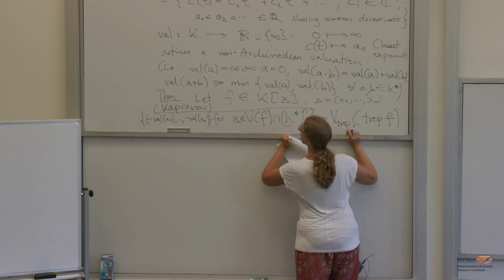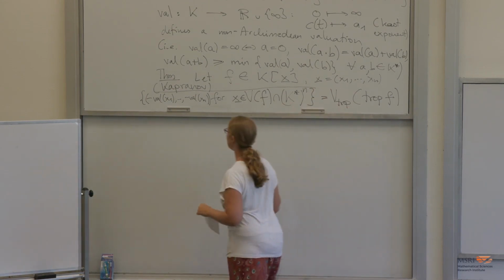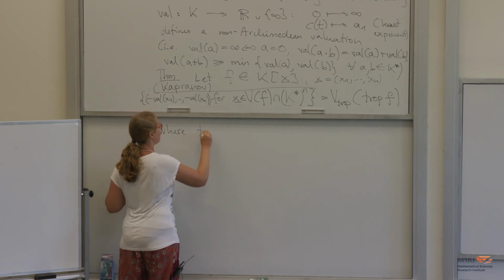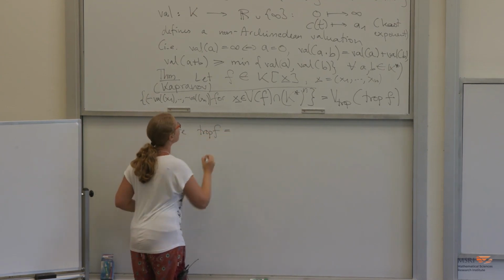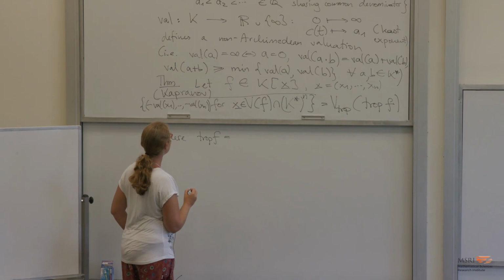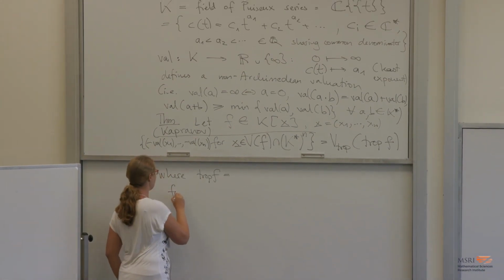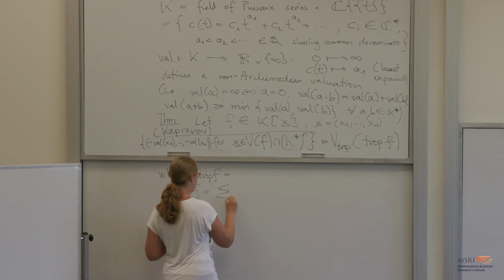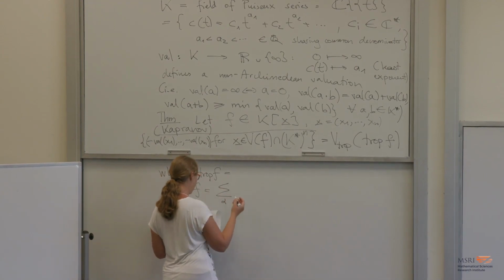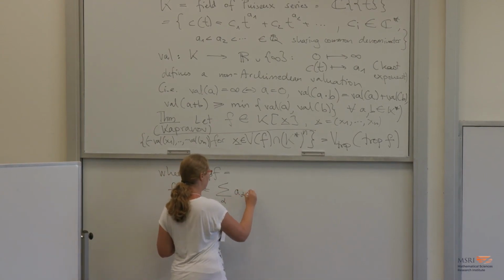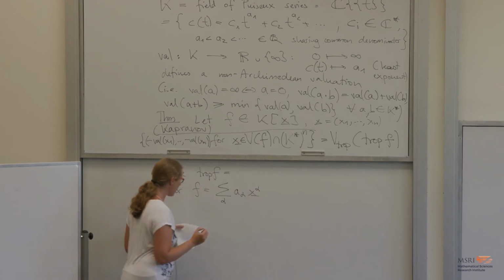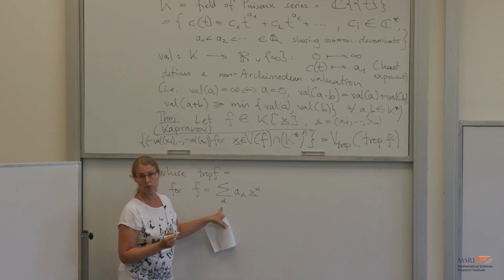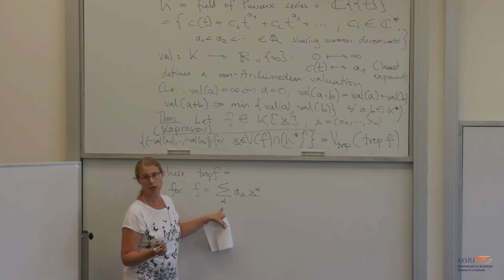Now, I think I still need to tell you what the tropicalization of a polynomial is. I need to tell you what f is. Let's invent some notation. f is the sum over some multi-indices alpha, a_alpha x to the alpha. And then trop f, what do we do? Well, obviously, we should replace all operations by tropical operations.